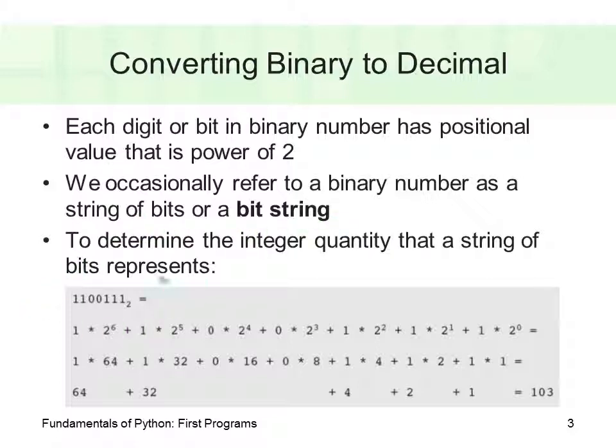So this could be referred to as a bit string. Now, to determine the integer quantity that a string of bits represents, this is how we would work it out. Again, just so that there's no confusion, the final one here represents the position of 2 to the power of 0, or 1.